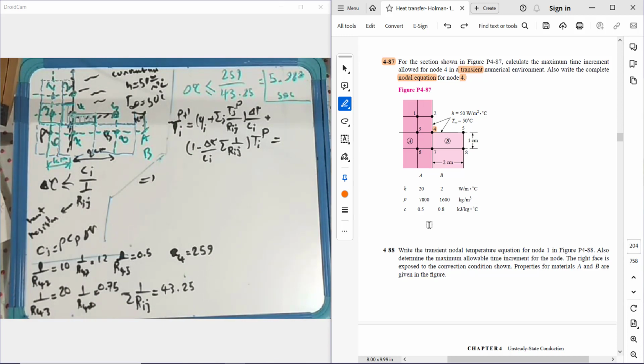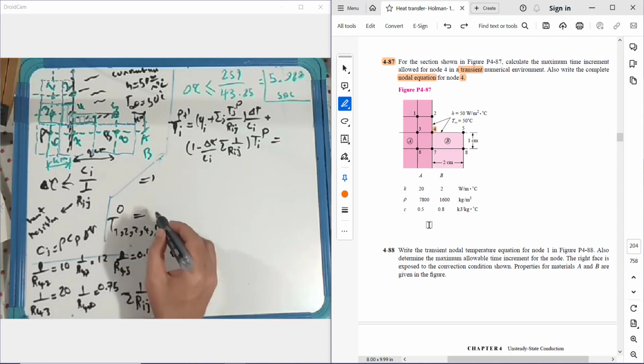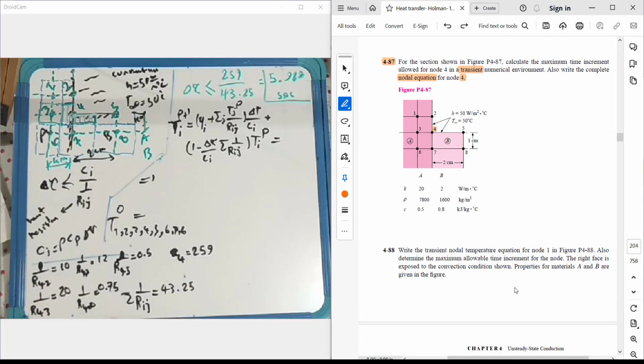Okay, we assume that all the points, for example 1, 2, 3, 4, 5, 6, 7 and 8, at time 0 are, for example, at the initial condition.